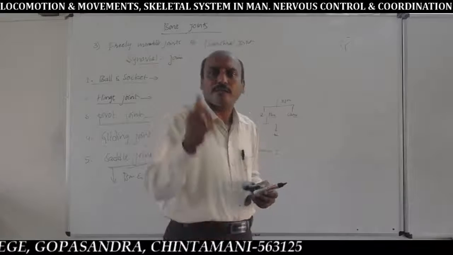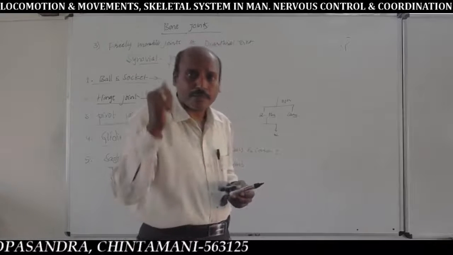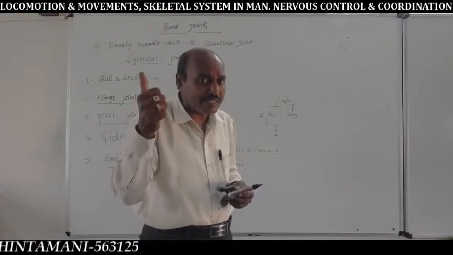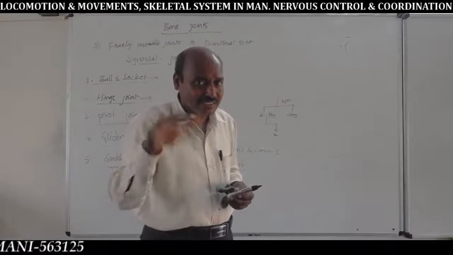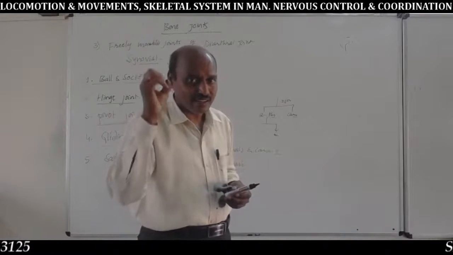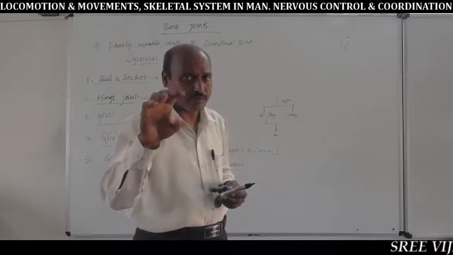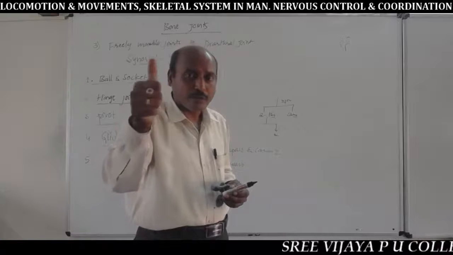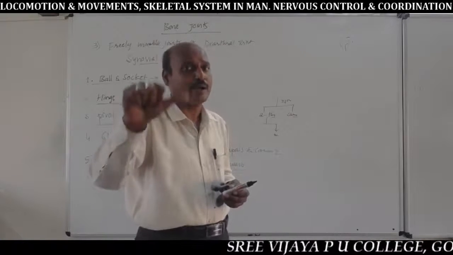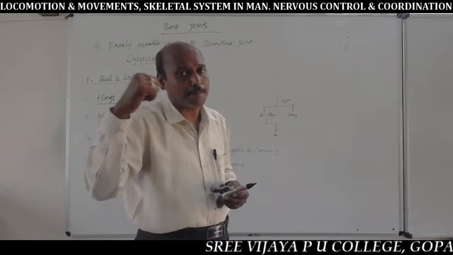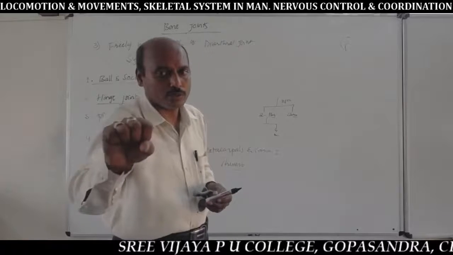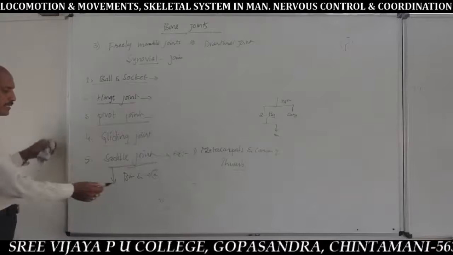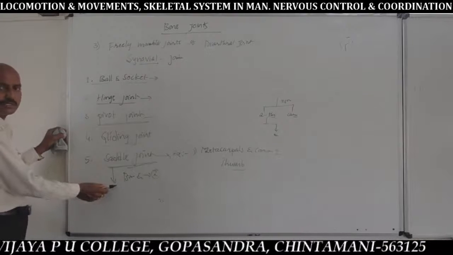That's why the thumb can move freely and enjoy greater movement compared to the other 4 fingers. That is the classical example for saddle joint.